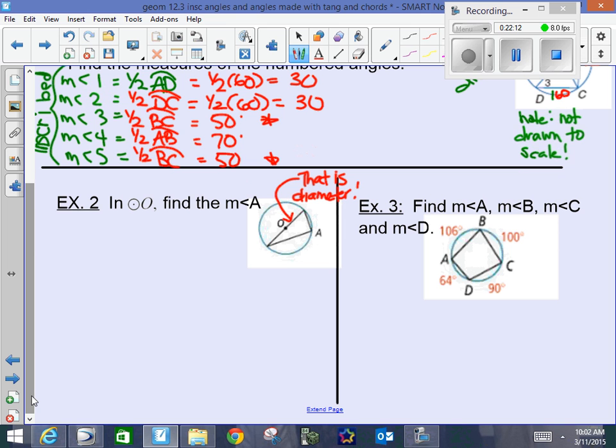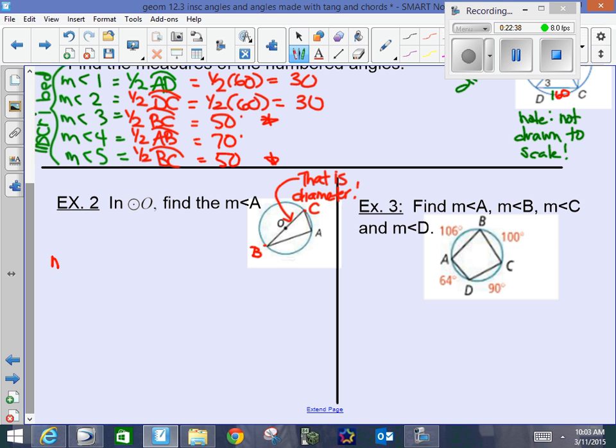And I'm supposed to find the measure of angle A. Wow. I need an intercepted arc. Okay, I'm going to put some letters on here just so we can talk. Let's make this point B and this point C. There we go. So I'm looking for angle A, which is really BAC, right?